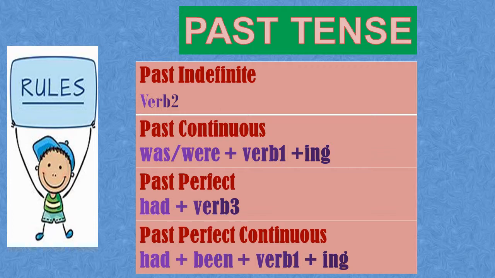Third, past perfect tense: had plus third form of verb. Fourth, past perfect continuous tense: had plus been plus first form of verb plus ing.